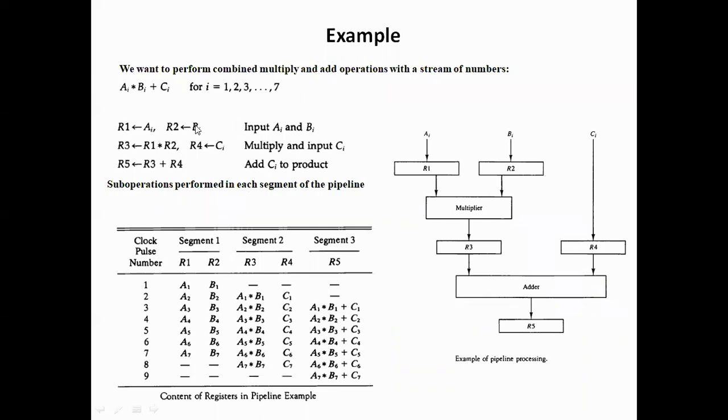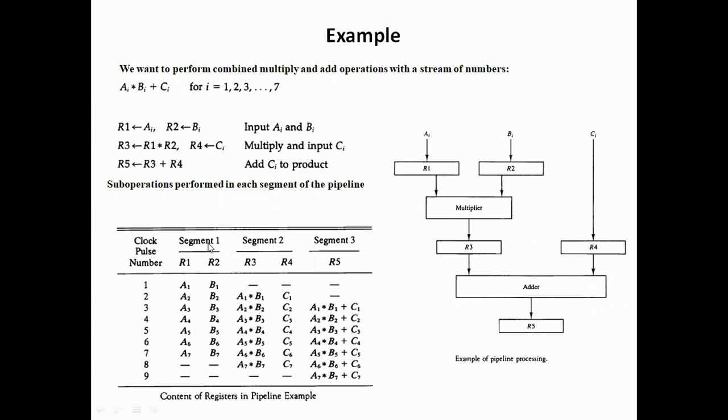In the first segment this will happen, in the second this will happen, and in the third this will happen. So this constitutes the first segment, this will be the second segment, and this will be the third segment. So we can say there are 3 segments in this pipe.